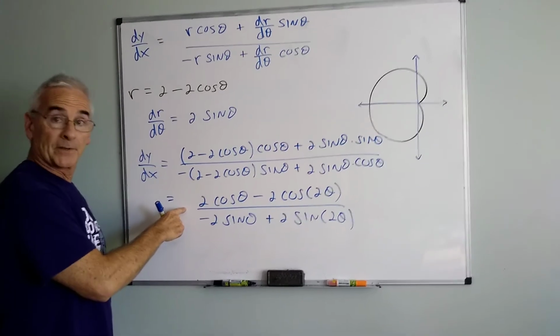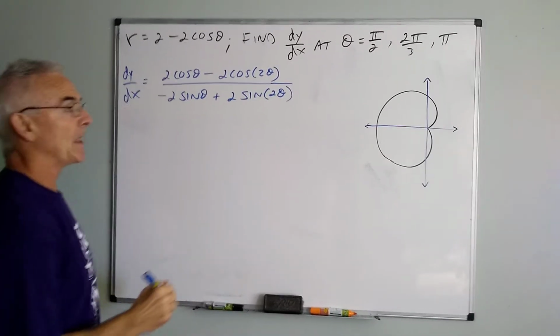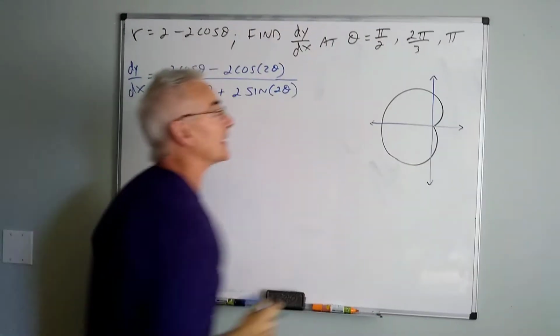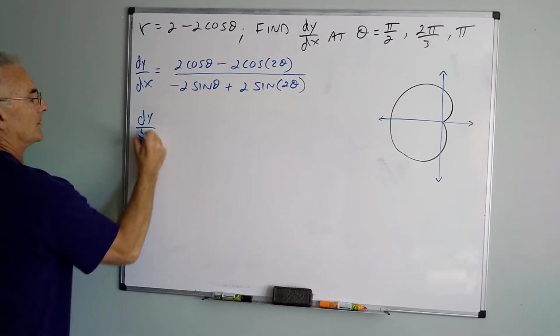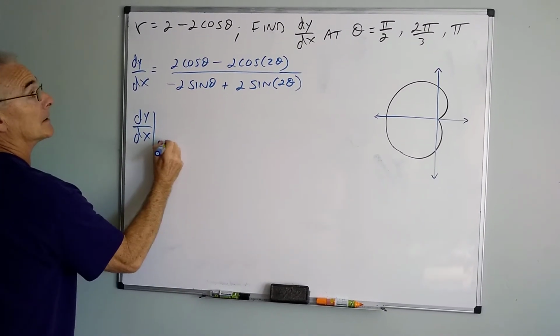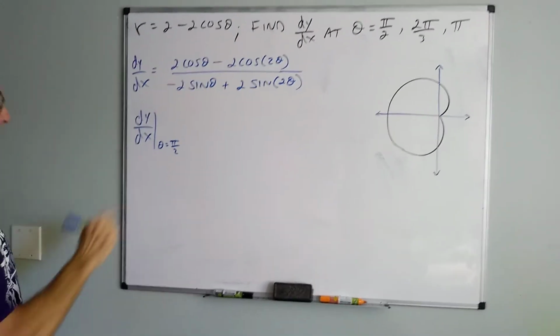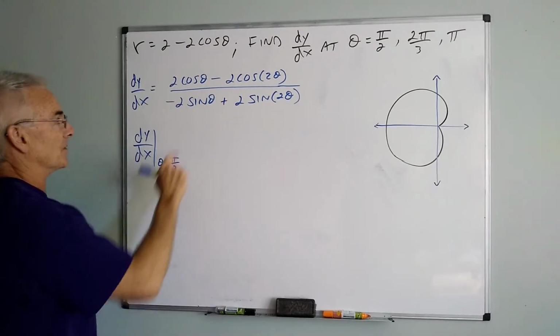Now continuing with this same function, I would like to find the slope of the tangent line at these 3 different values of theta. So if I plug those in one at a time, then the proper notation would be theta equal pi over 2. Now some of these are very simple to evaluate. Pi over 2 is very easy because the cosine function will be 0 and the sine function will be 1.